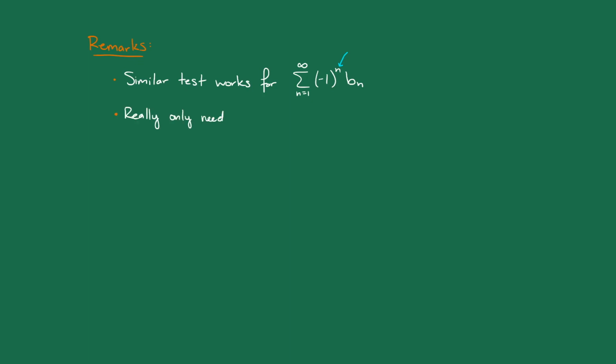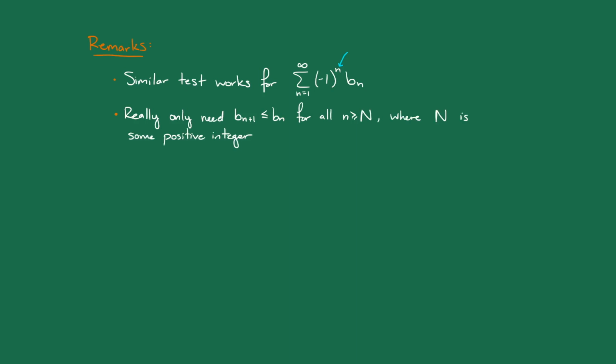Now, before we move on to some examples, a couple quick remarks. First, the same test works for series of the other form, with (-1)^n, for exactly the same reason we just described. Next, we really only need that the b_n's are eventually decreasing, or that b_(n+1) is less than b_n for all n greater than or equal to big N, where big N is some positive integer.